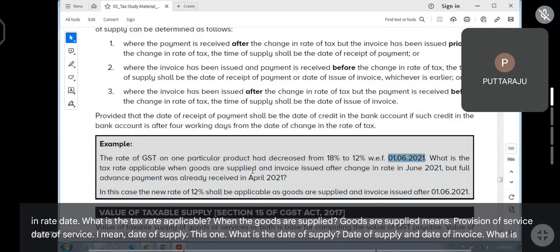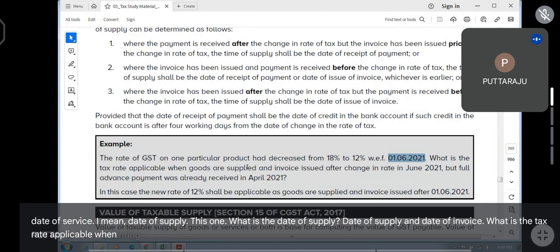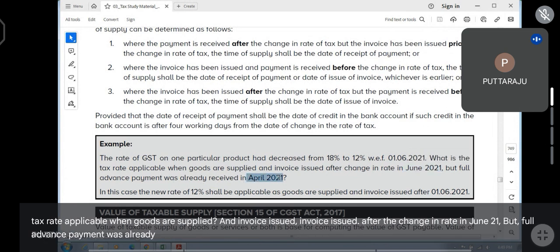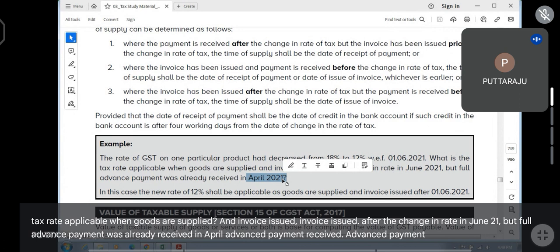What is the tax rate applicable when goods are supplied and invoice issued? Invoice issued after the change in rate in June 21, but full advance payment was already received in April. You have to be very careful.